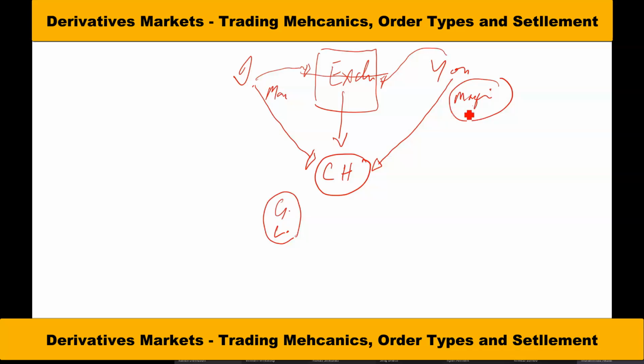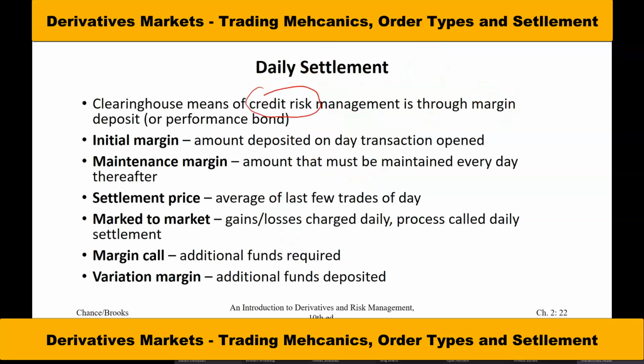And to make sure that there is enough money available in these margin accounts, the exchange uses the mechanisms of maintenance margin, initial margin, and margin call. So if we go here, we see that when we start the trade, the exchange says you must deposit your initial margin.